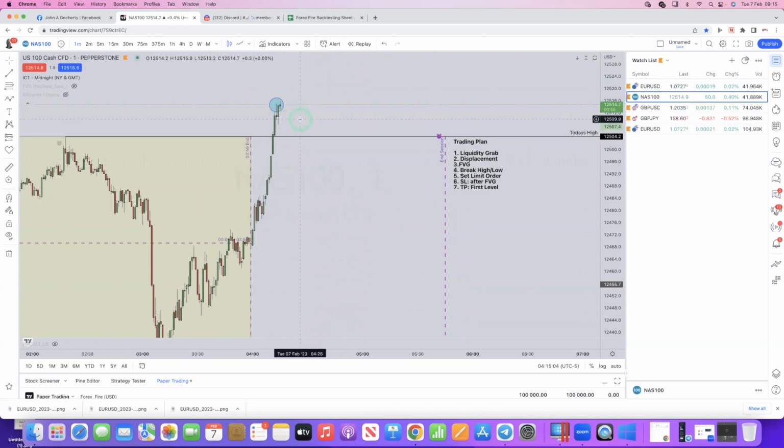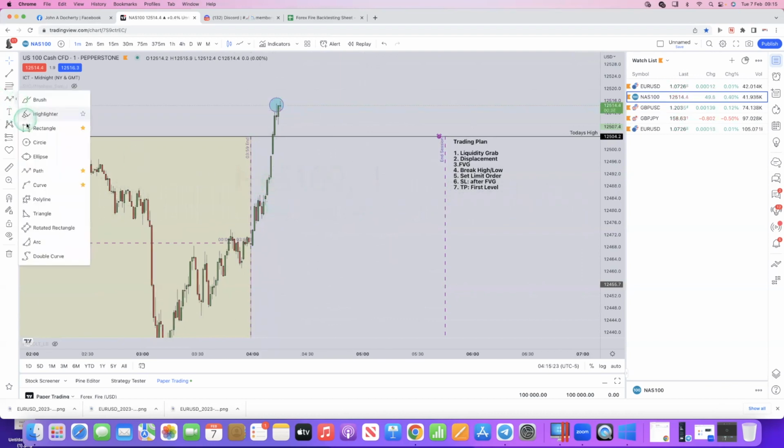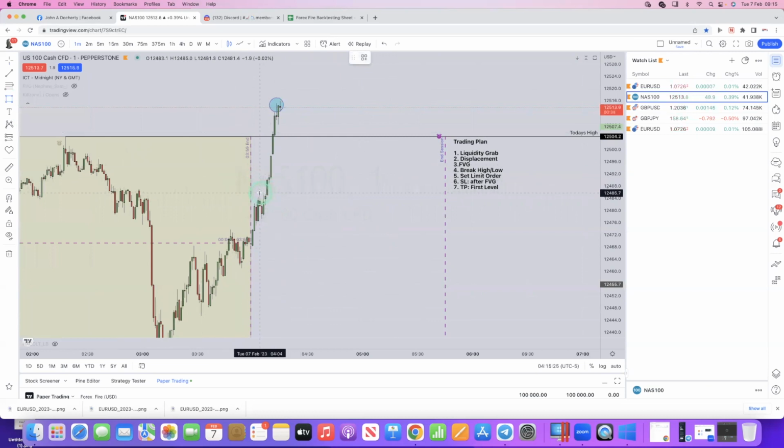Then we look for that entry on that fair value gap, and we target the other areas where there have been higher highs to higher lows. Because this has been in a buying phase, the higher lows in this occasion would be our TP areas. Either that, or areas where there are fair value gaps where there's just been buying pressure. I hope that makes sense.